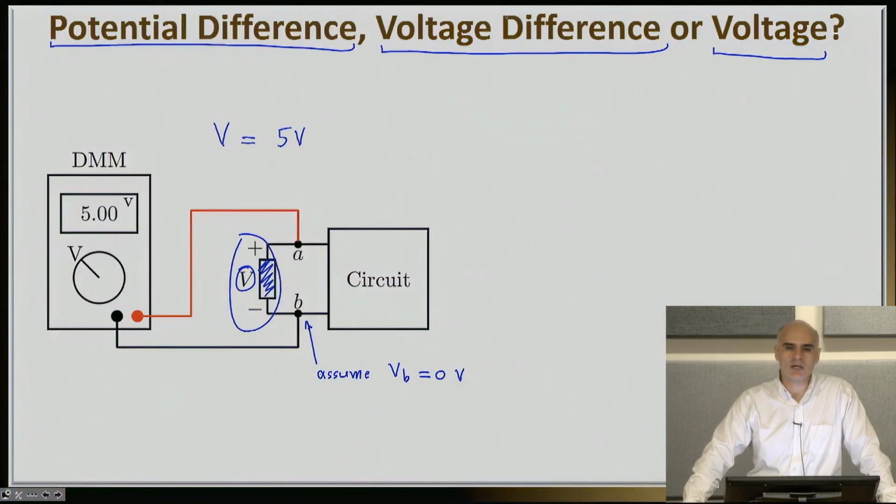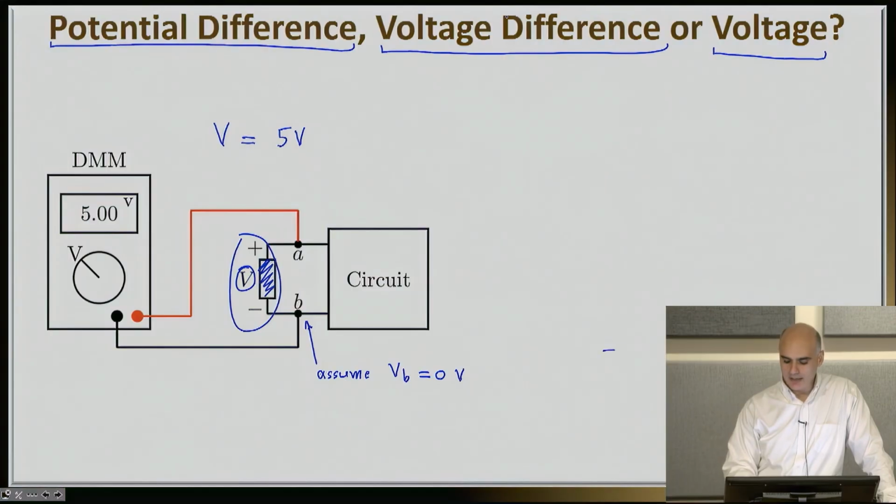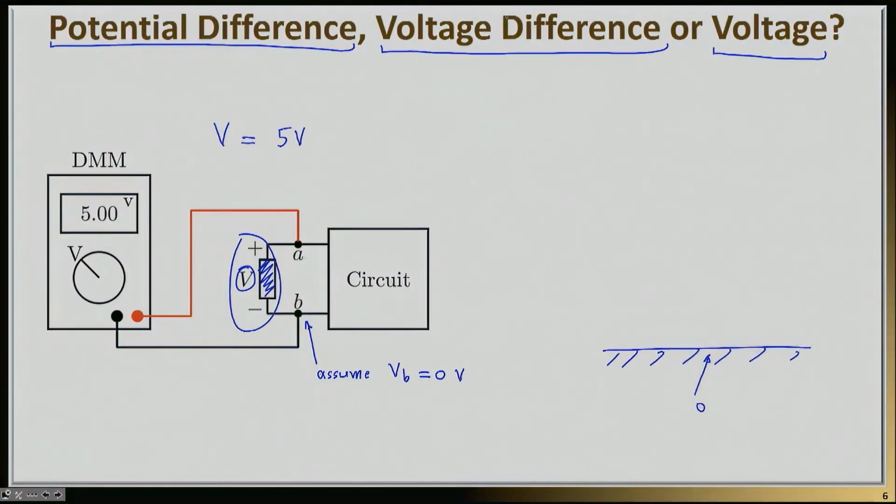In exactly the same way as in mechanical engineering, we may have the ground, and we may assume that the potential at the ground is basically 0, or the energy at the ground is 0, such that we can say that an object that is sitting at the height h has a potential energy of mgh, where h is the height, g is the gravity, and m is its mass. In exactly the same way, we can go ahead in a circuit and assume that at some point in the circuit, the voltage is known and its value is 0. This is usually called ground.